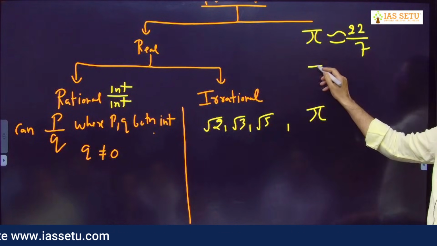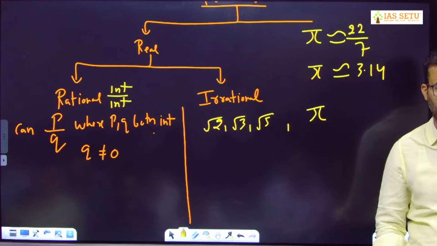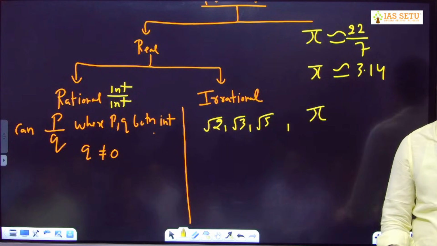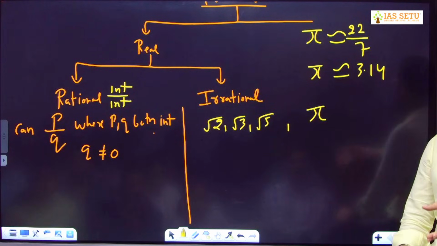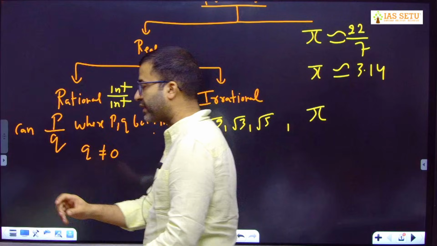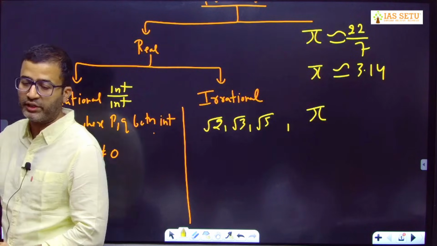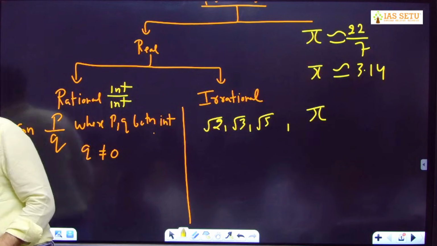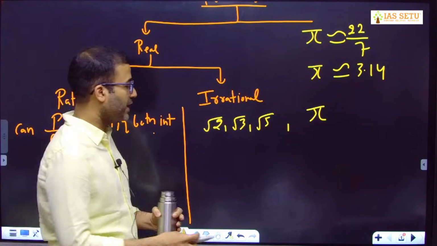3.14. That is also the approximate value of pi. What you can do, you can just open the calculator on your mobile and try once, so that you will have a clear idea of what pi is. In the calculator put 22/7. Try once, what is 22/7 coming in the calculator? I write here.